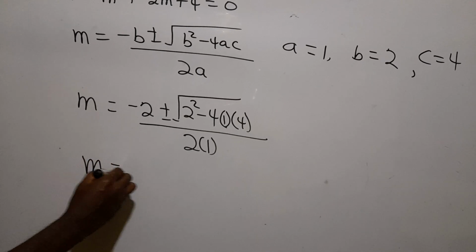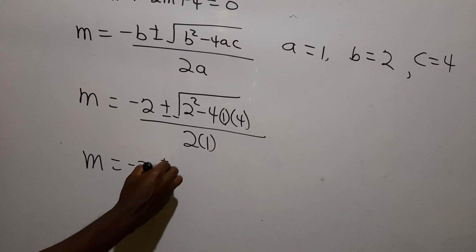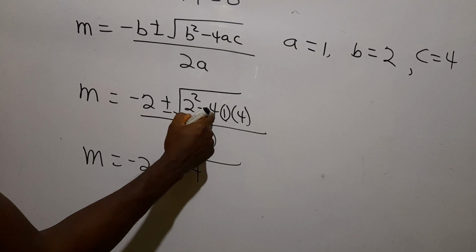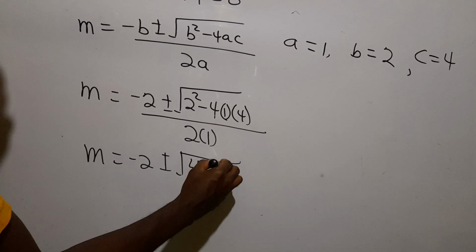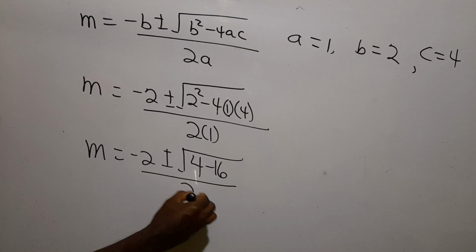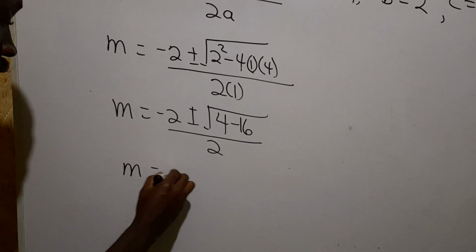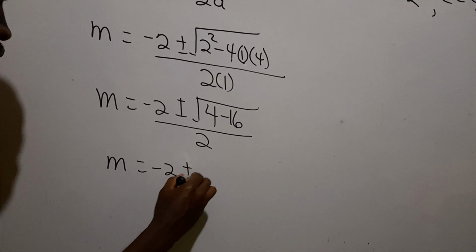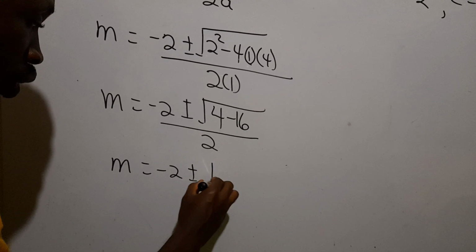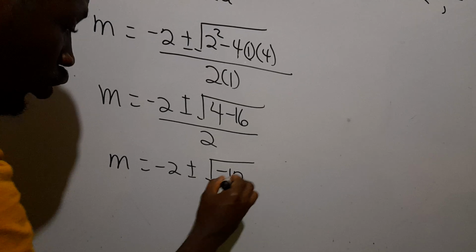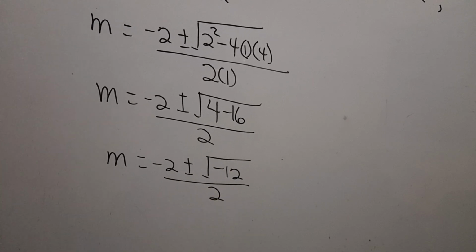So m will be equal to negative 2 plus or minus the square root of 2 squared is 4, minus 4 times 4 is 16, so minus 16, all over 2. So m will be equal to negative 2 plus or minus the square root of 4 minus 16, that will be negative 12, all over 2.